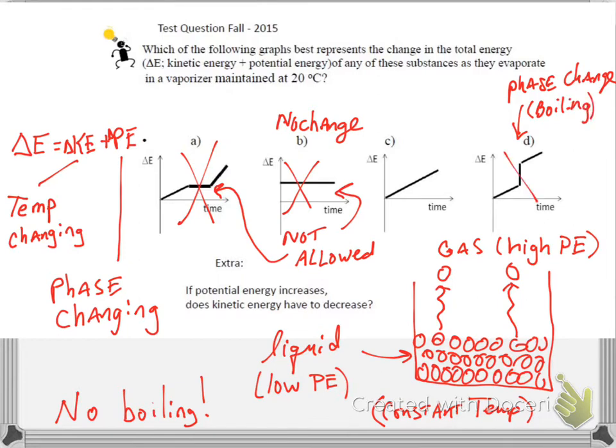We are not boiling. So we know D has to be incorrect, and the answer would be C, with constant kinetic energy. There's a slow increase of particles into the gas phase as evaporation occurs, and there's a slow, steady increase that's indicative of evaporation. We would pick C.